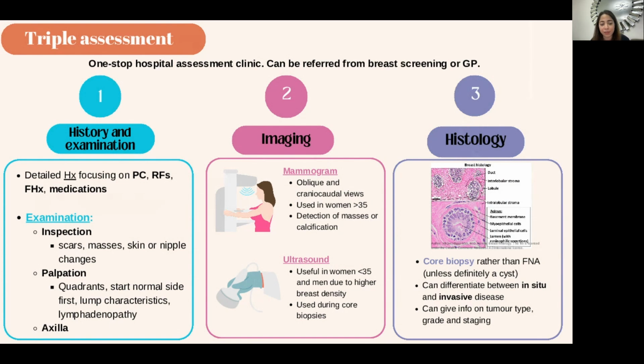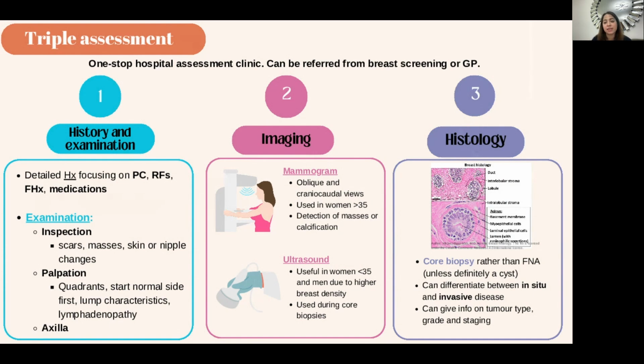And then they'll do an examination. So it's really important to have a good look and compare. If there are unilateral symptoms, then make sure you're comparing with the side that is asymptomatic and normal. You're looking for any foreign body, any scars, any masses that are obvious to the eye.